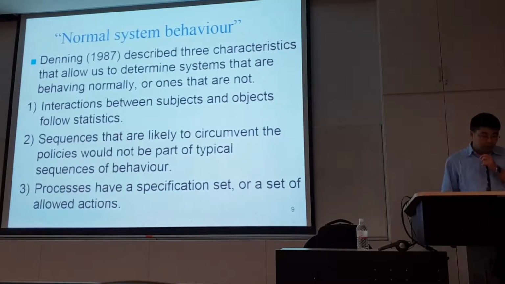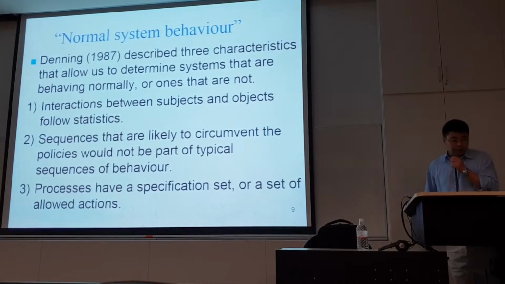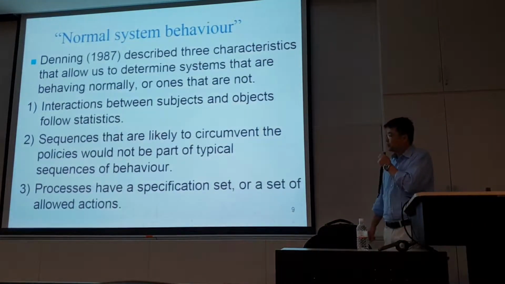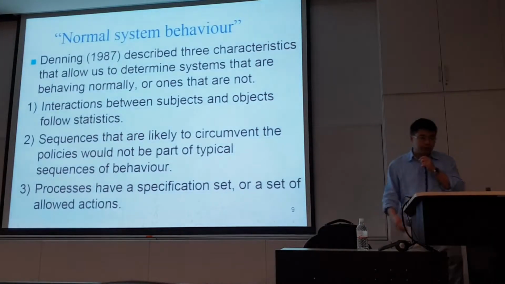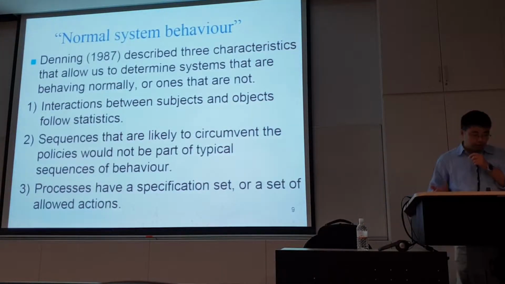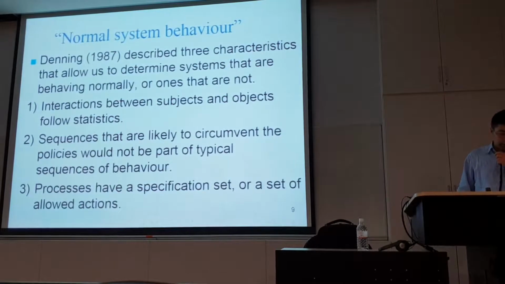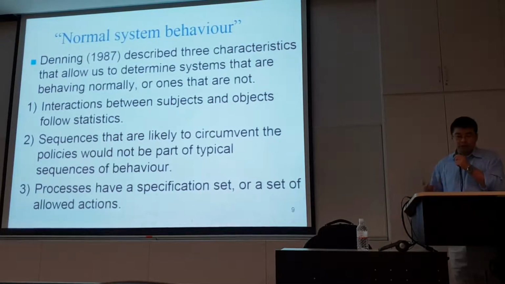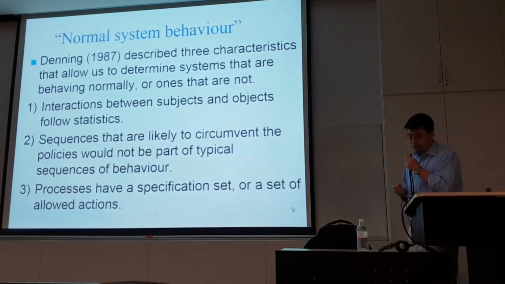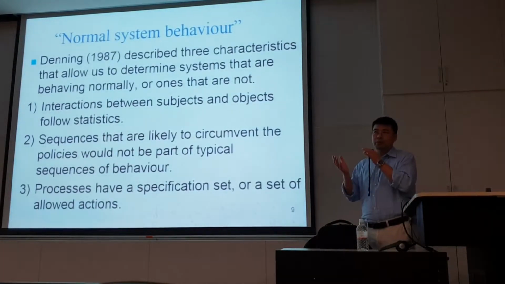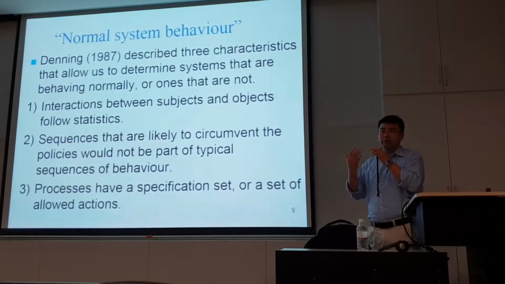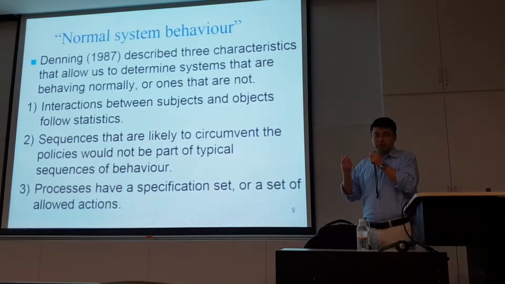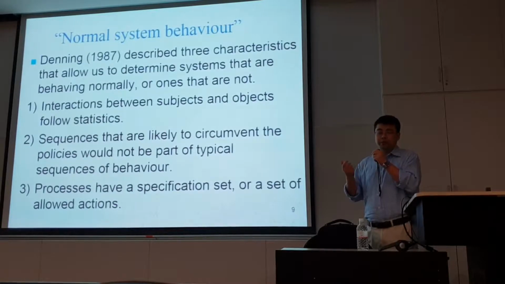Right? So processes have a specific set of allowed actions. This is basically related to the second item. Within the system, we have the specification for the process, basically what this process is expected to do. For example, if you still remember the buffer overflow, we have a program. Each software program has a specification, the functionalities performed by the program.